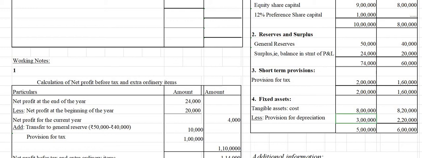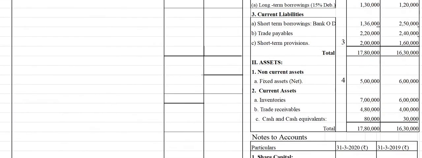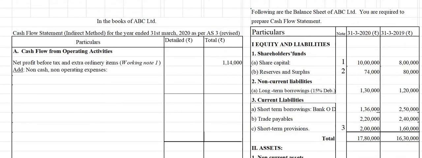The provision for depreciation account balance now is 3 lakh, last year 2,20,000. So how much is transferred this year? Yes, 80,000 is transferred. Depreciation 3 lakh minus 2,20,000, 80,000 will be written.